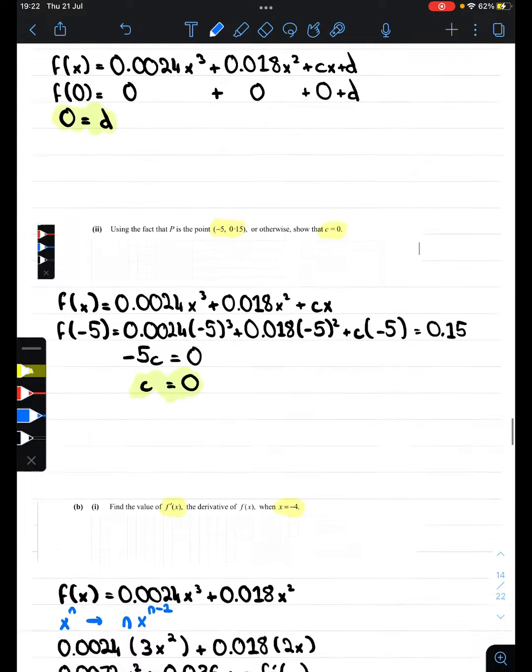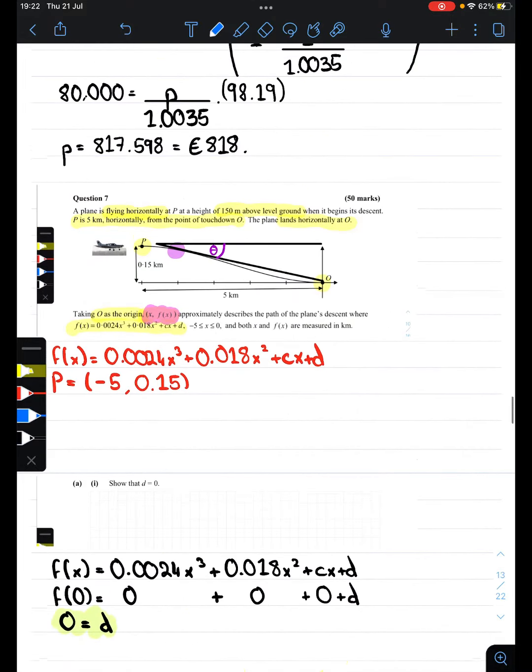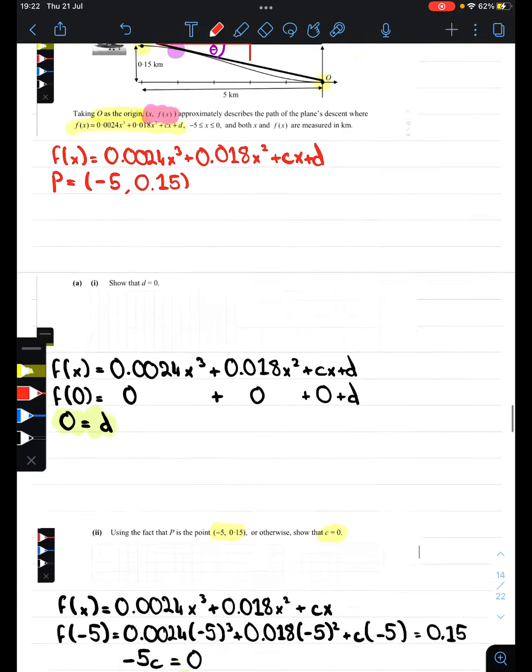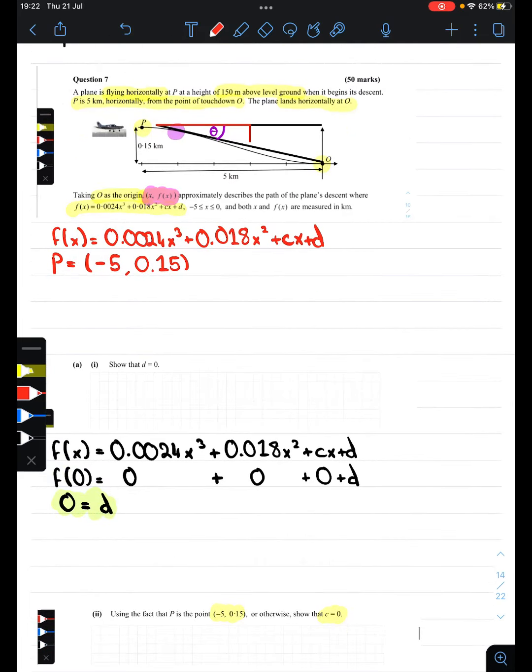So in this case, let's go from here. The rise would be, let's say, this much, and the run would be this much. And let's say this is our rise and this is our run.